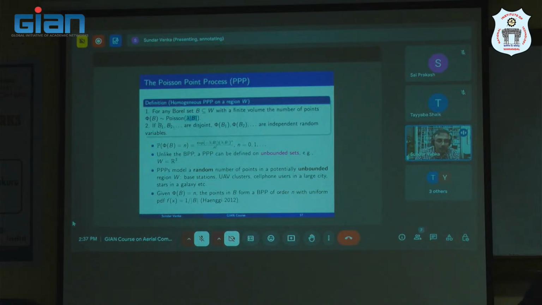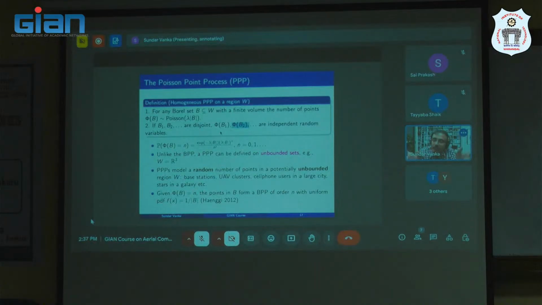The second point is important: if these sets B1, B2, and so on are disjoint, then the number of points that the process puts in B1, the number of points in B2, and so on, are all independent random variables. And that is a very important property of the Poisson process. Just like, for example, in a one-dimensional case, if you have two disjoint intervals of phone call arrivals, the numbers of arrivals in them are independent of each other.